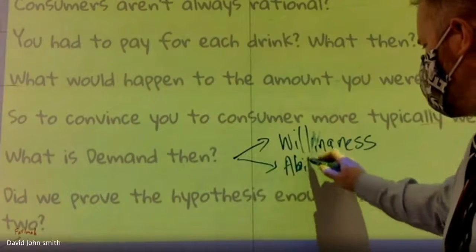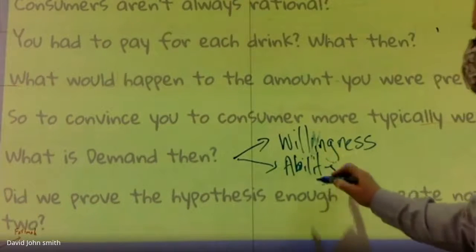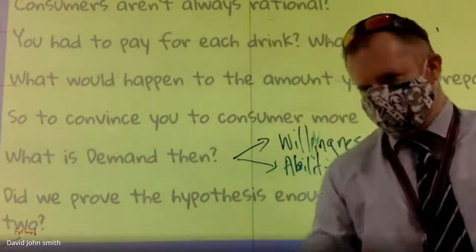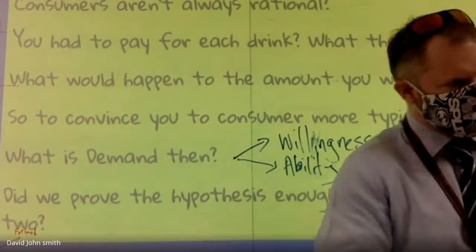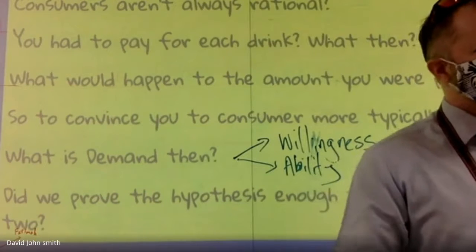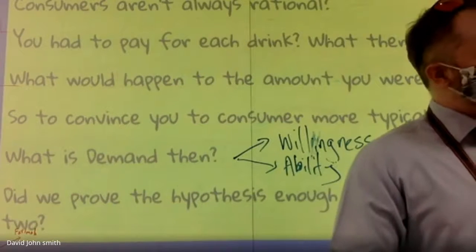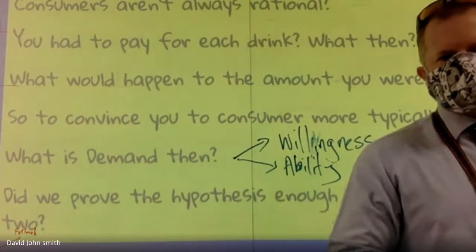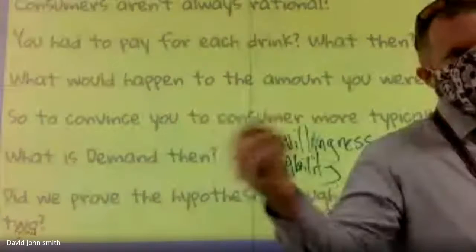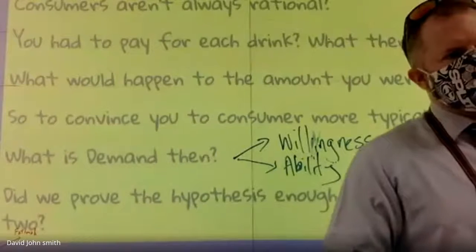The willingness is just your desire for the product, you want it, the Coca-Cola. Your ability is something different. How much you can pay, the actual money you have, the income level you have.